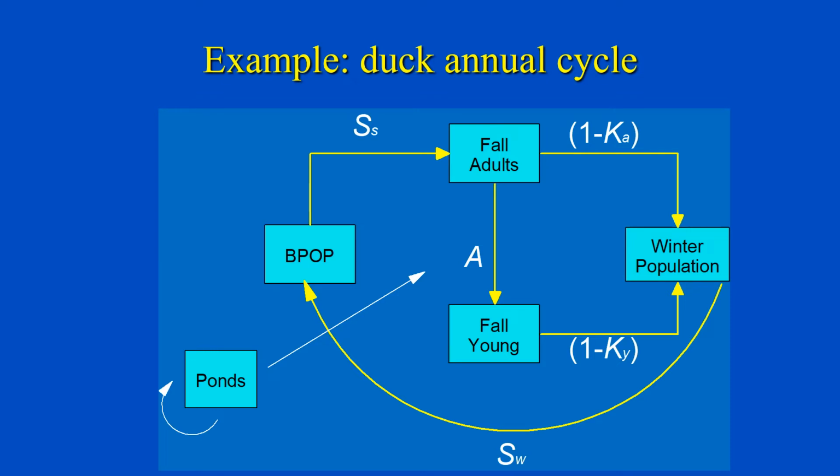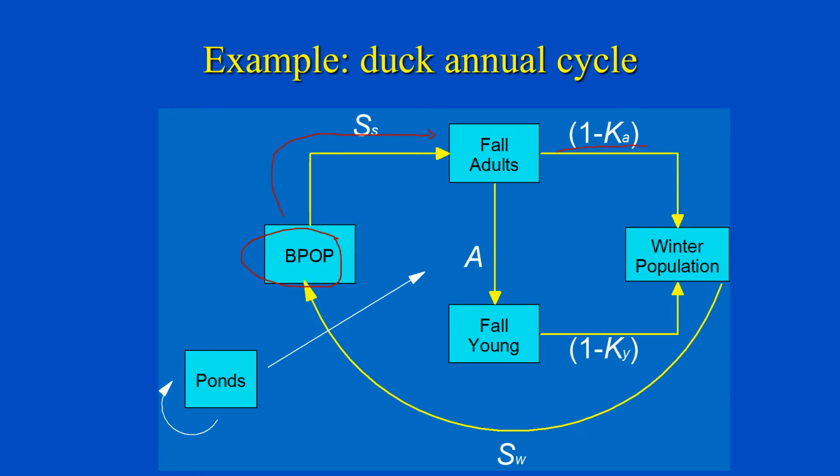And I don't want to go into a lot of detail here on this duck model, but in some ways it has some similarities to the matrix models that you guys just worked on, where you start with your breeding population, and then you have a certain level of survival between the summer breeding season and the fall when the adults arrive on the wintering grounds.